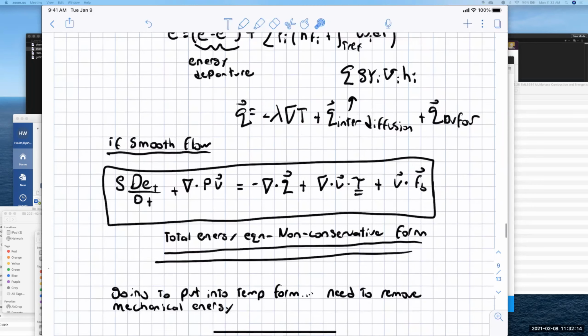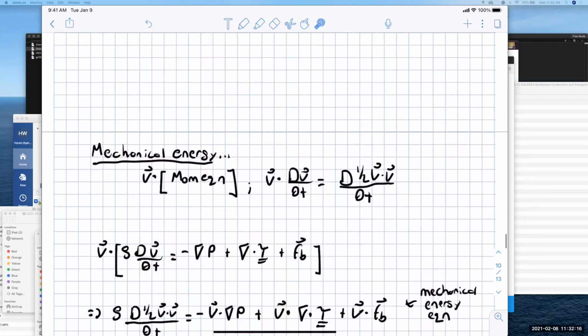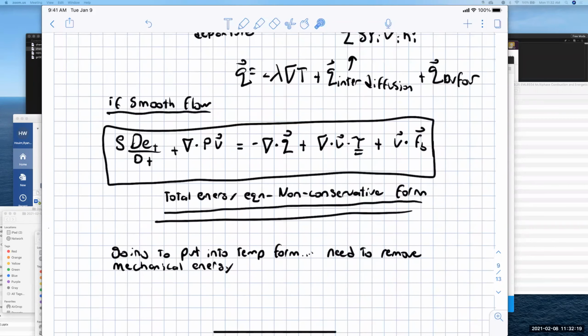Okay, and I'm out of time. So what I will do on Wednesday is work with the various forms of the energy equation, because in books you often don't see it written in a total energy form, but you'll see it written in either a temperature form or an enthalpy form.